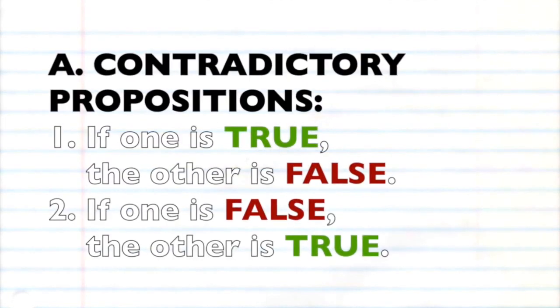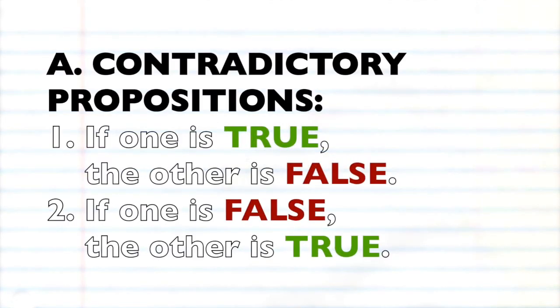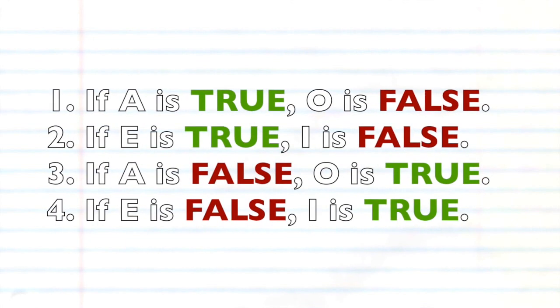Here's the summary of the rules of the logical opposition. A. Contradictory propositions. Number 1, if one is true, the other is false. Number 2, if one is false, the other is true. Examples: if A is true, O is false. If E is true, I is false.